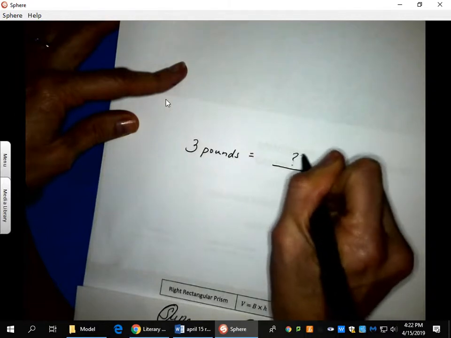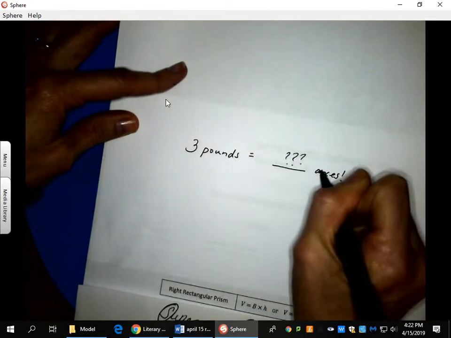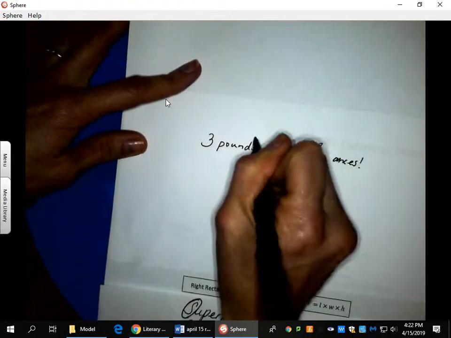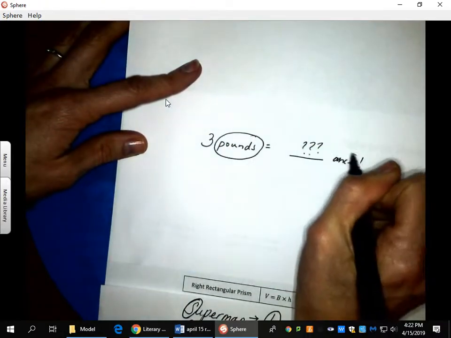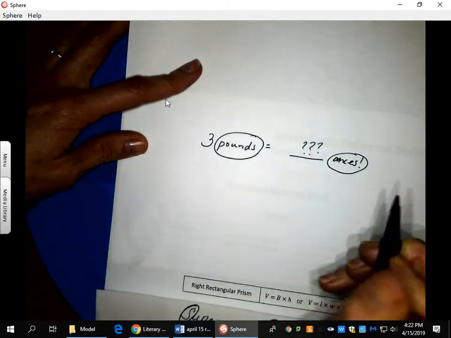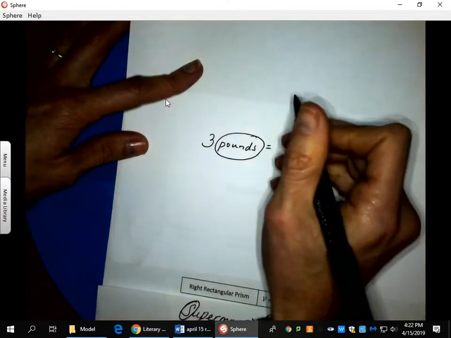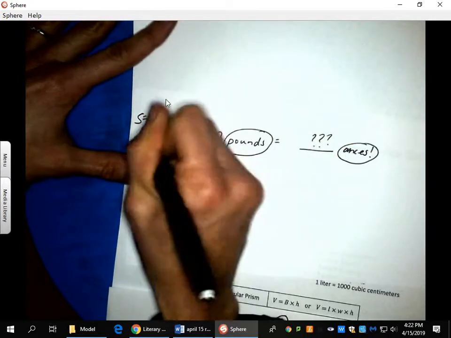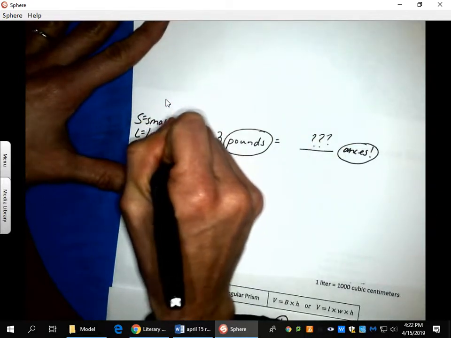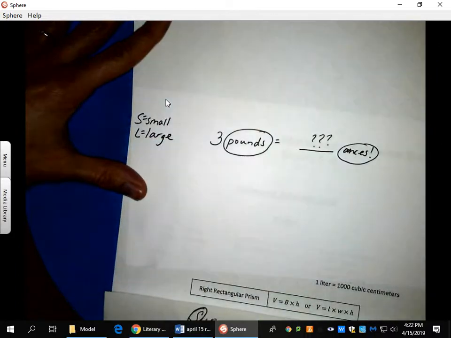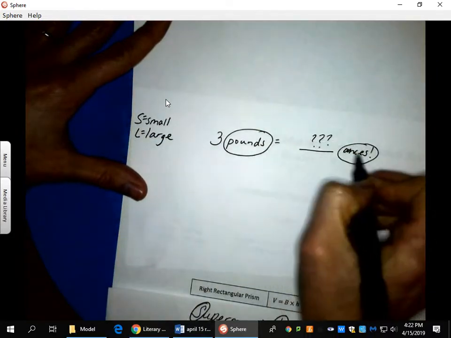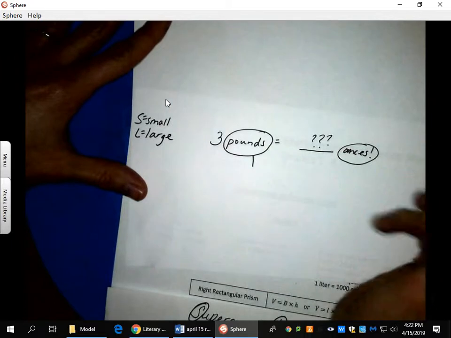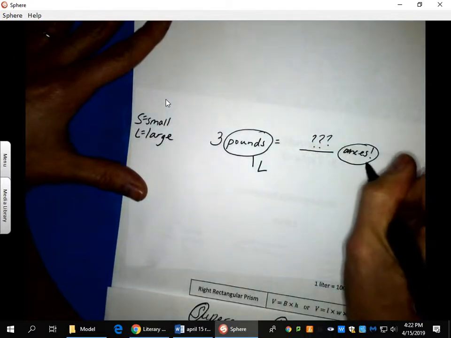We have something that weighs 3 pounds, and we want to say, well, how many ounces is that? Okay, well, we have to convert it. So what you do is you look at the units, pounds and ounces, and you label them with either an S or an L. S is always going to be for the smaller of the 2 units, and L is for the larger of the 2 units. Okay? So when I think pounds and ounces, I think pounds are large and ounces are small.